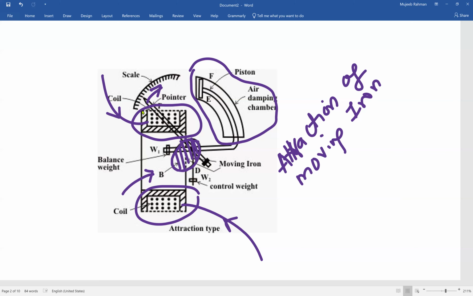So whenever this electromagnet is activated, the soft iron piece will be attracted toward this space. And when it is deactivated, by means of what we call the control mechanism, the moving iron will return back to the original position.